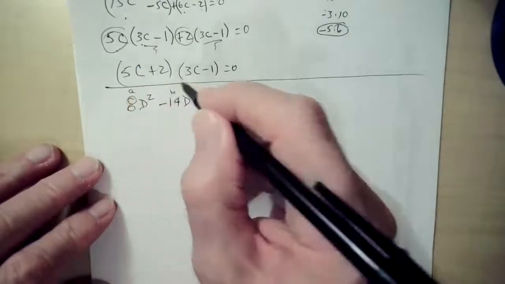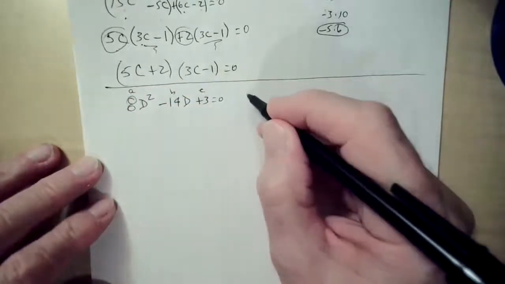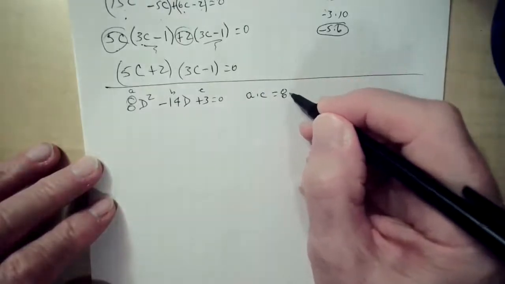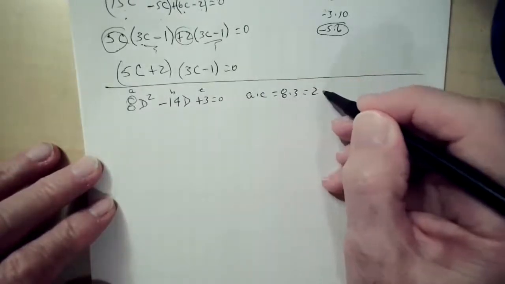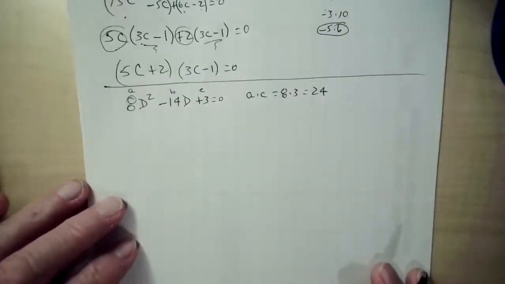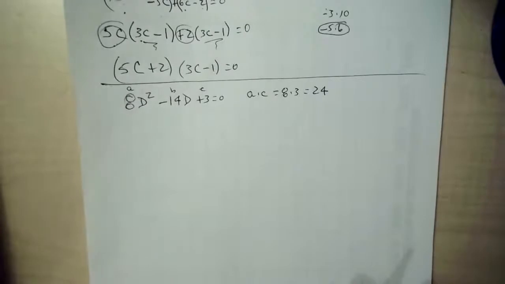Okay, this is not 1, so we have to multiply. This one's A, B, and C. We multiply A times C, which is 8 times 3, which is 24.